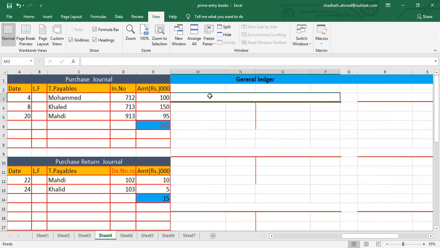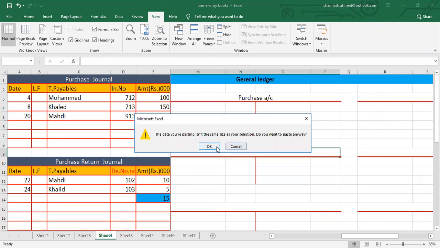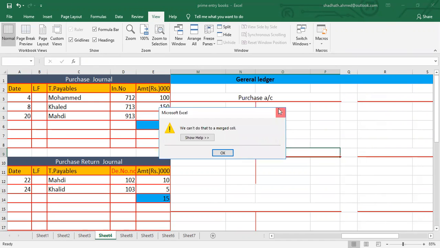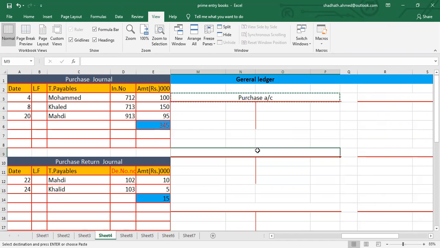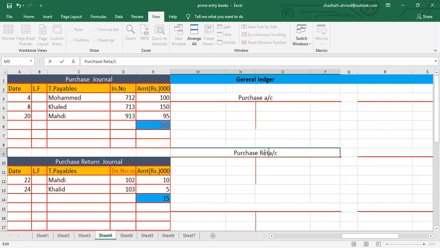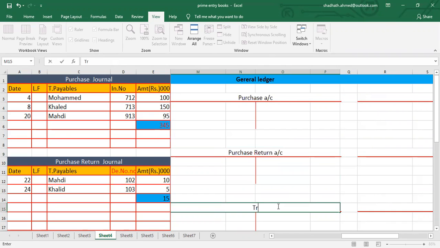For purchase journal, we have to prepare a purchase account, then the purchase return account, and finally trade payables account.